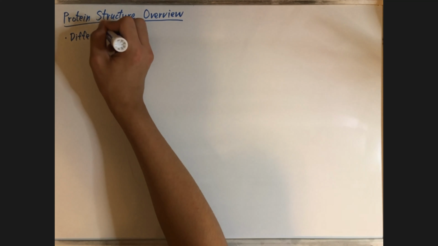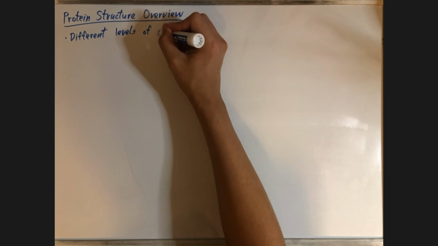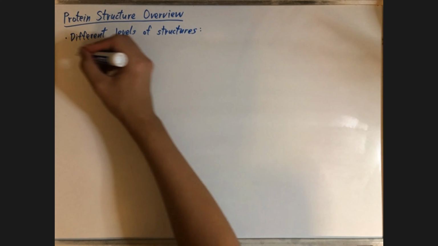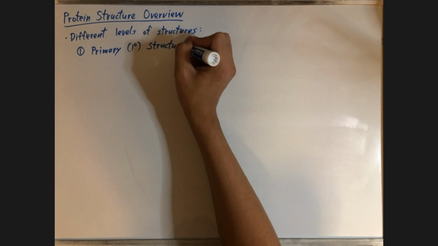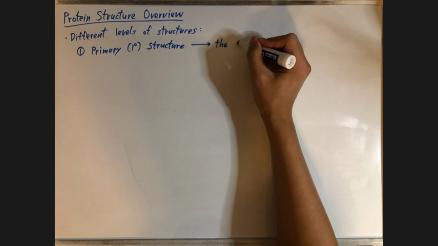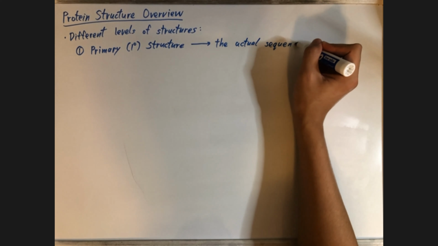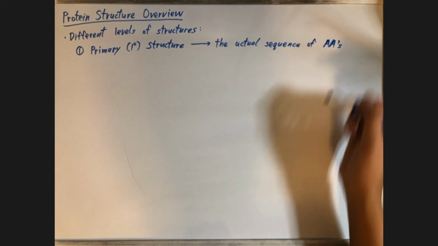So there are 4 different levels of protein structure. The first one is the primary structure, and this refers to the actual sequence of amino acids.